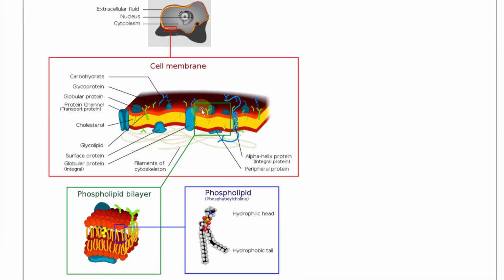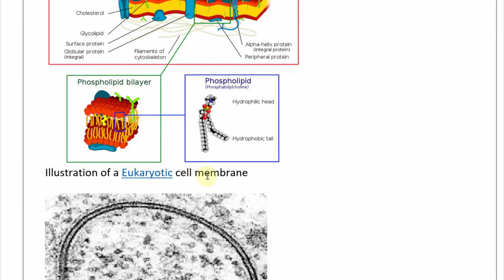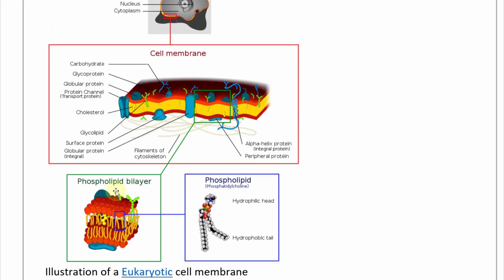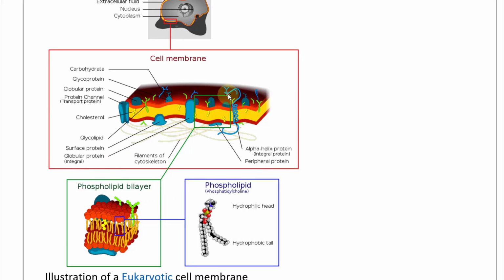And this is the structure of it. So illustration of a eukaryotic cell membrane. So there's a phospholipid, which has a hydrophilic head, which likes the water, and then you have the hydrophobic tail, or with 2 tails, that doesn't like the water, so it always moves away from that. And there's a phospholipid bilayer, and this is a zooming in of the cell membrane across here.